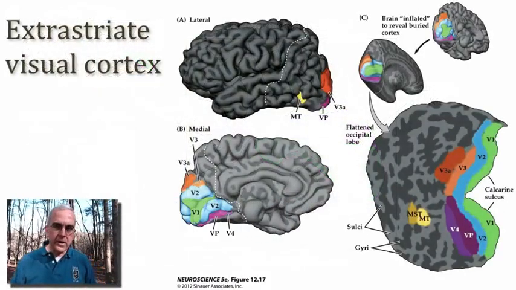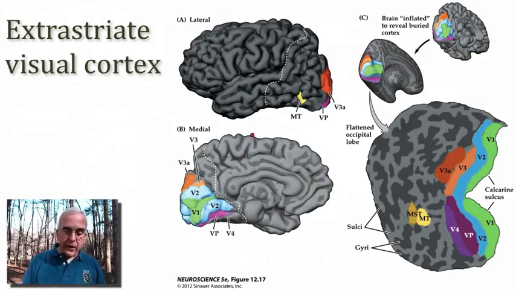So there is a series of visual cortical areas beyond the primary visual cortex that have now been mapped in the human brain. For reasons that we'll discuss when we look in more detail at the cellular structure of the visual cortex, the primary visual cortex is also known as the striate cortex. So these regions beyond the primary visual cortex are called extrastriate visual cortex.